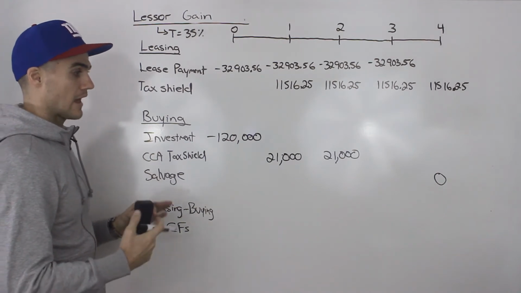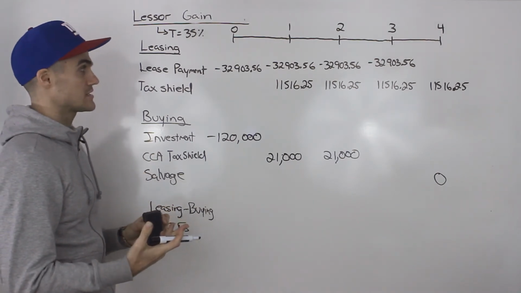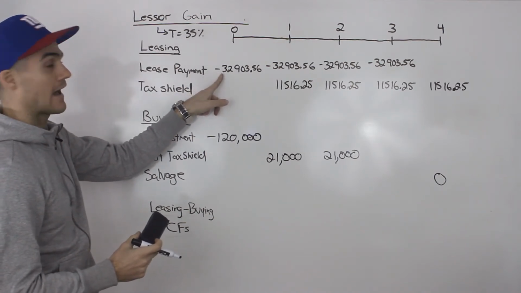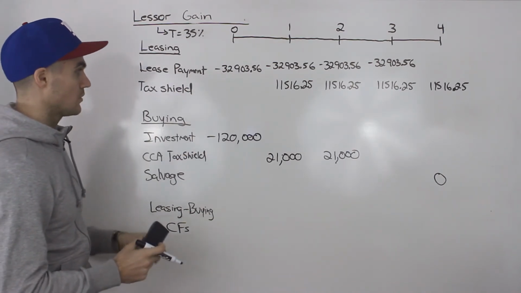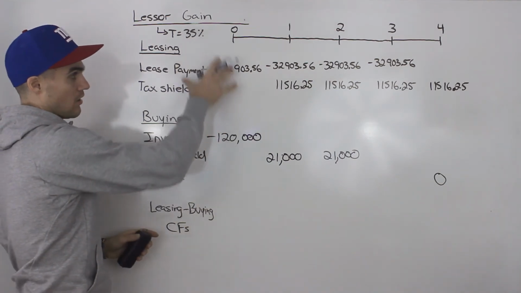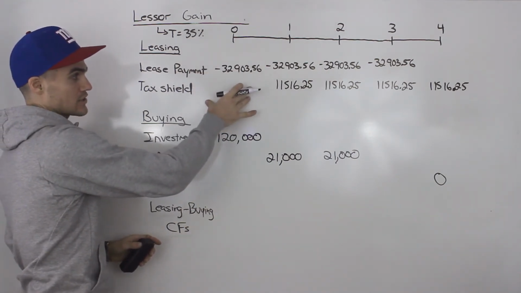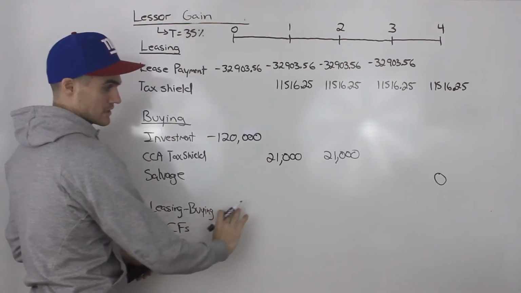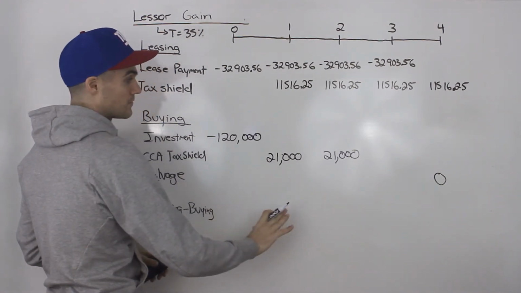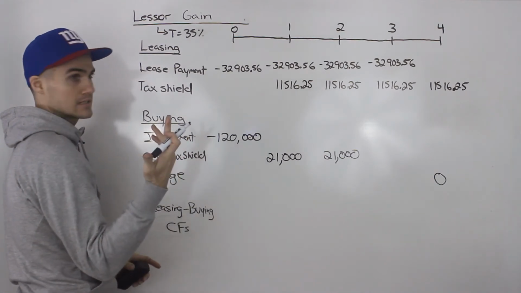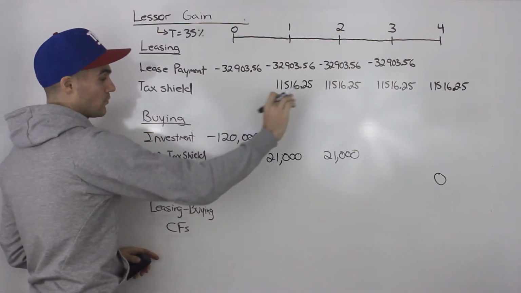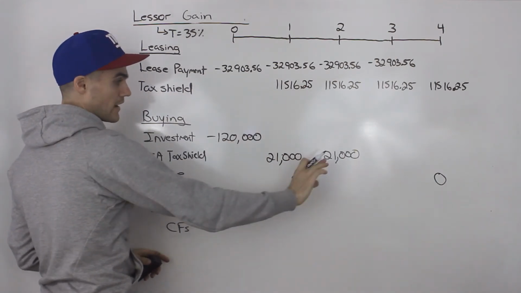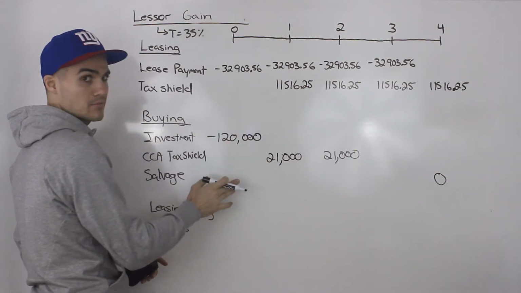And now we can calculate what the net advantage to leasing is going to be for the lessor at that lease payment. So what we can do is take all of the leasing cash flows and then subtract all of the buying cash flows, and that's going to be this row over here. Usually, and you'll see in the Excel file as well, I have a row where I net out all the leasing cash flows first, all the buying cash flows, and then I subtract those two net amounts.